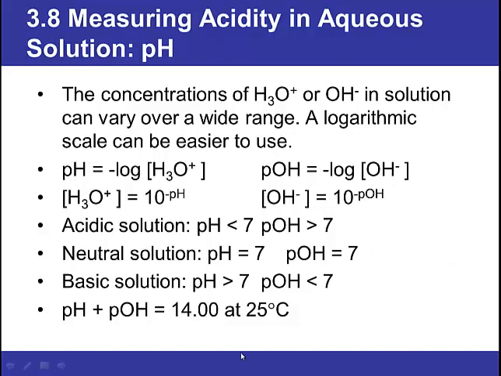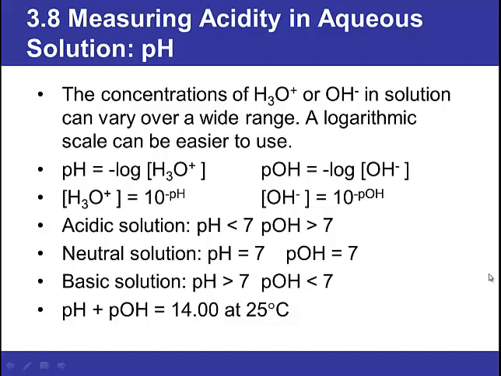But essentially, an acidic solution is going to have a pH that is less than 7 and a pOH that's greater than 7. A neutral solution has a pH that equals 7. The pOH also equals 7. And our basic solutions are going to have a pH that's greater than 7 and a pOH that is less than 7.